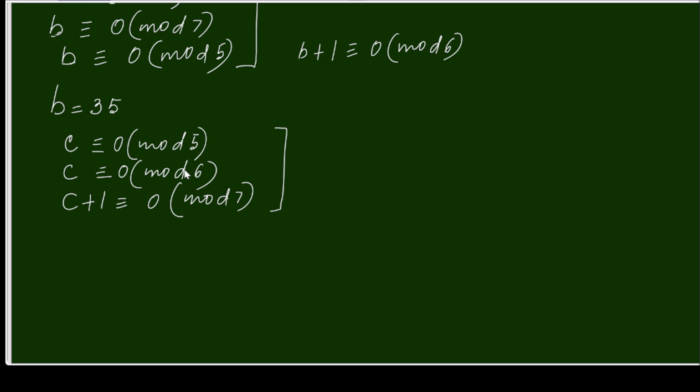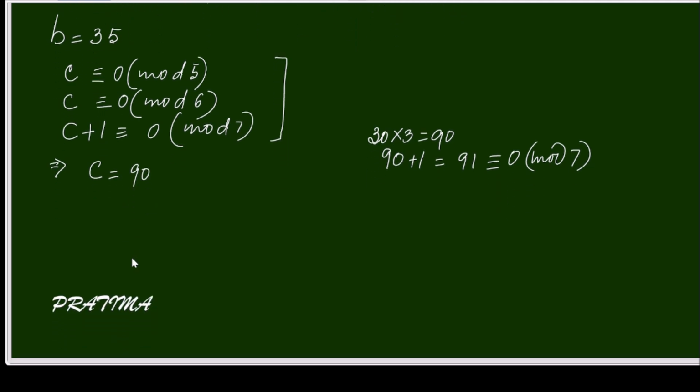If I take 6 and 5, the LCM is 30, they are co-prime. When 30 plus 1 is divided by 7, it does not leave remainder 0. 30 multiplied by 2 is 60, and 60 plus 1 does not leave remainder 0 when divided by 7. 30 multiplied by 3 is 90, and 90 plus 1 equals 91, which is congruent to 0 modulo 7. So c equals 90.